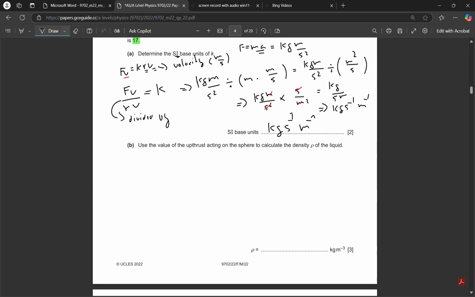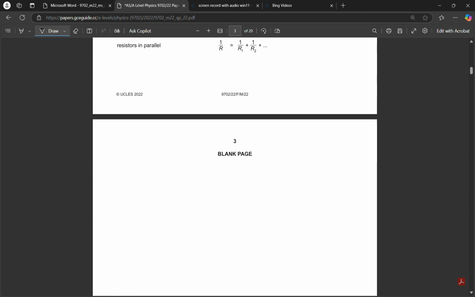Use the value of upthrust acting on the sphere to calculate the density P of the liquid. Well, we are going to identify the keywords here, and I think the most important keywords in this second part are upthrust and density. So we know that the upthrust is given to us in the formula sheet.